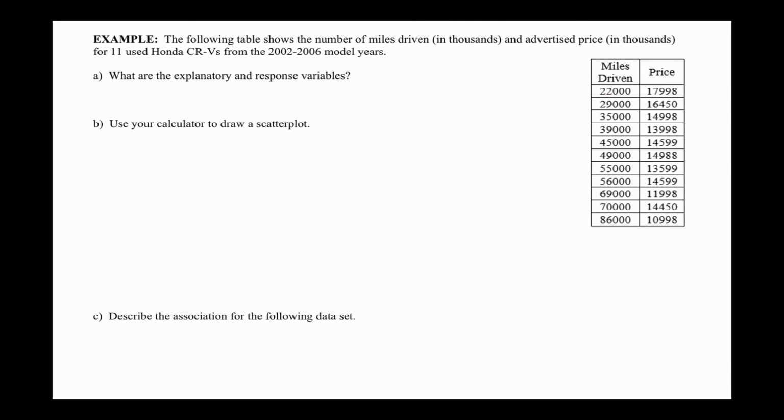Okay, so where does the data come from? Where's the context? The following table shows the number of miles driven in thousands and advertised price in thousands for 11 used Honda CRVs from the 2002 to 2006 model years. So a bunch of CRVs from 2002 to 2006. That's when they were new.